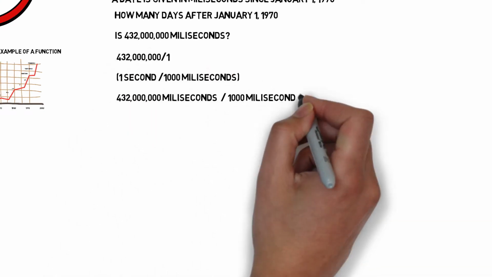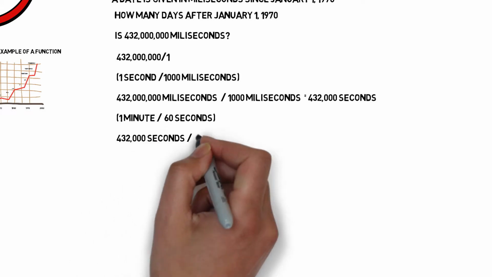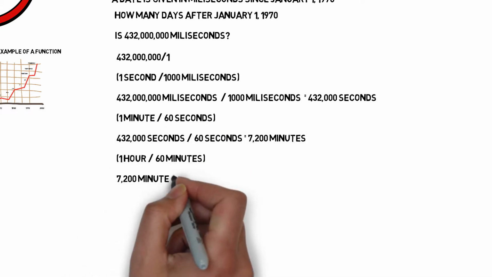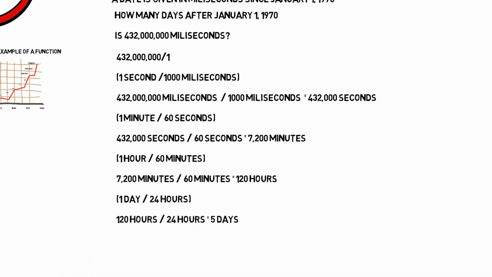We know that there are 1,000 milliseconds per second. That leaves us with 432,000 seconds. We know that there are 60 seconds in each minute. That leaves us with 7,200 minutes. We know there are 60 minutes in each hour. That leaves us with 120 hours. We know that there are 24 hours in each day. So our ultimate answer is 432 million milliseconds is 5 days.